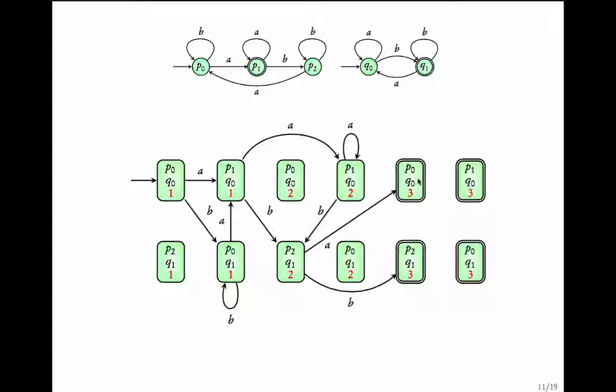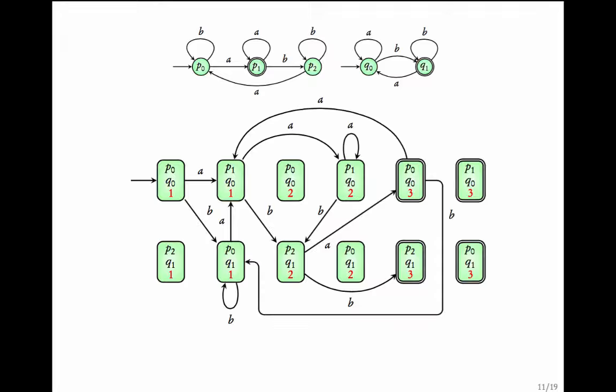Look at P0 Q0. P0 Q0 on an A should go to P1 Q0 1 on an A. So this is what happens. On a B, P0 should stay in P0 Q1. So P0 Q1 1. I have come back here. So now we want to see the same thing again.